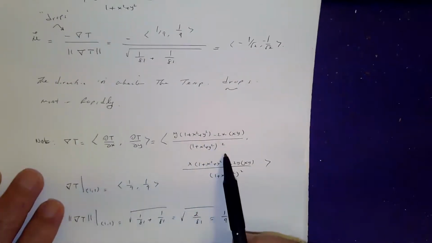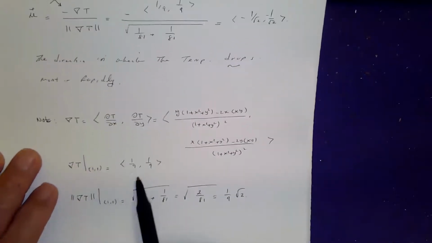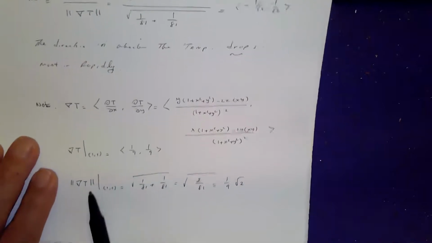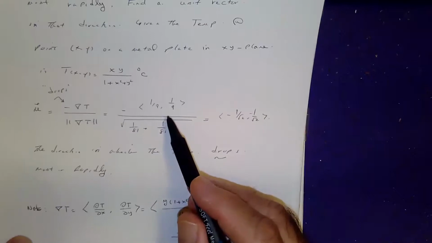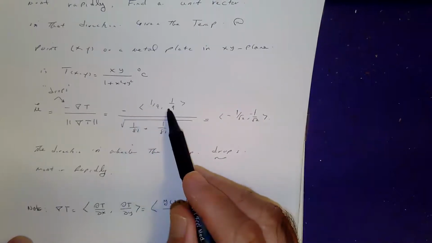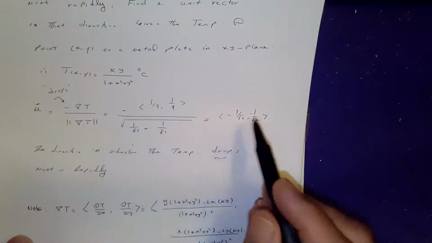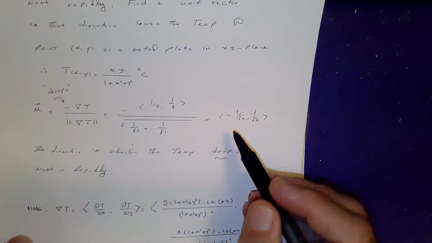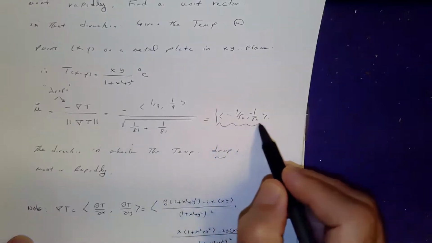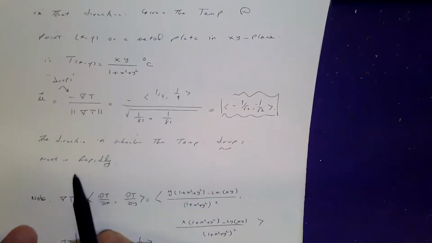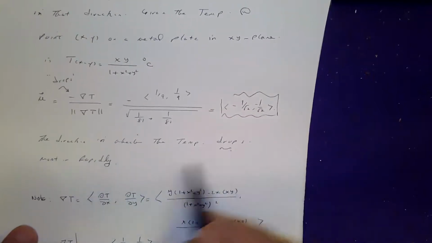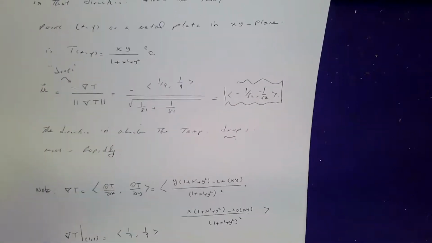So what you have to do is find the gradient and evaluate it at (1, 1), and you get (1/9, 1/9). Find its magnitude, which is this. Go back here. I replace this guy with a vector, this guy with a number, and lo and behold, this is the direction right there in which the temperature drops most rapidly.